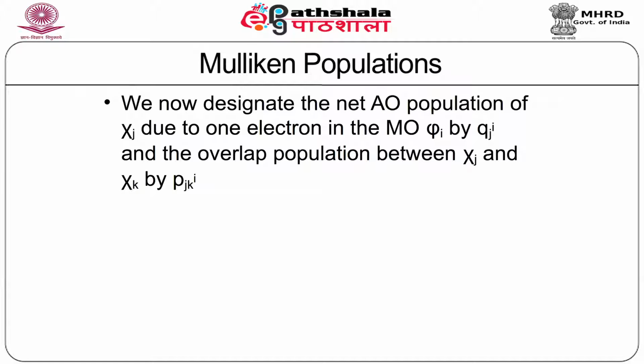We now designate the net atomic orbital population of chi_j due to 1 electron in the molecular orbital phi_i by q_ji, and the overlap population between chi_j and chi_k by p_jki. Then q_ji equals c_ji squared and p_jki equals 2 c_ji c_ki S_jk.